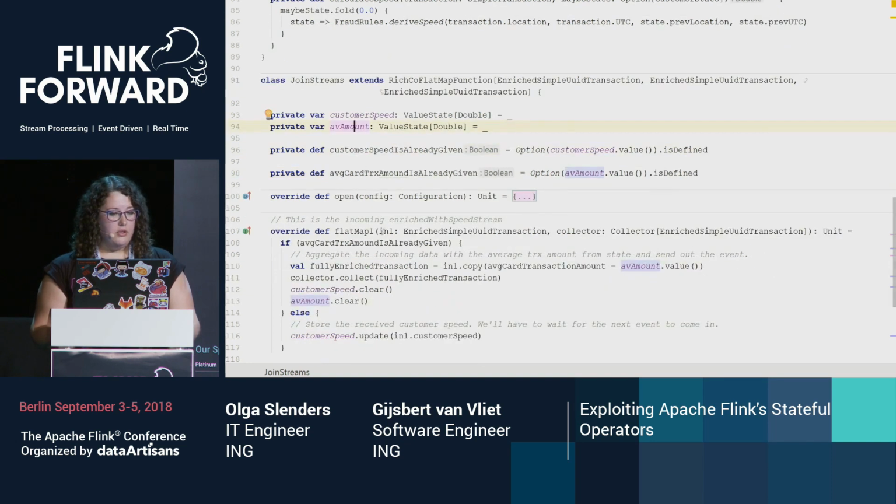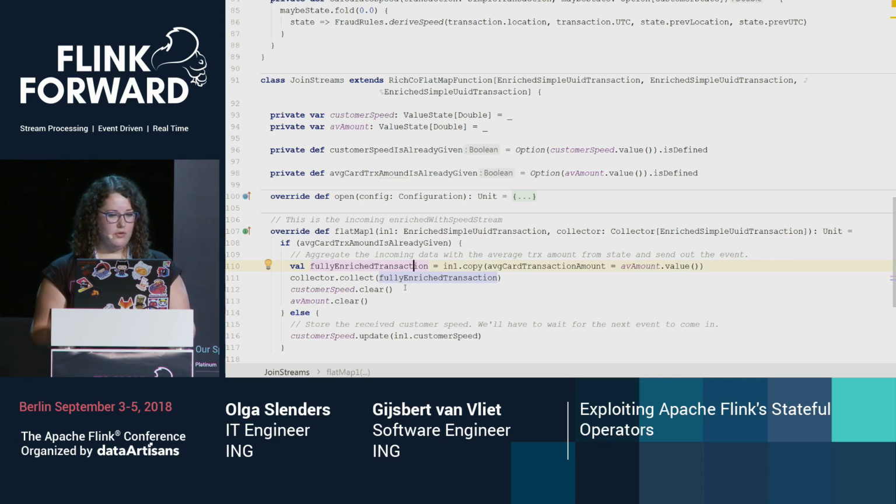In the flat map method, if an event arrives and we have already received the previous event with, for example, the average amount, because the order could be quite random, and the event we have received contains the speed, we can connect them together, produce a fully enriched transaction, and collect it.